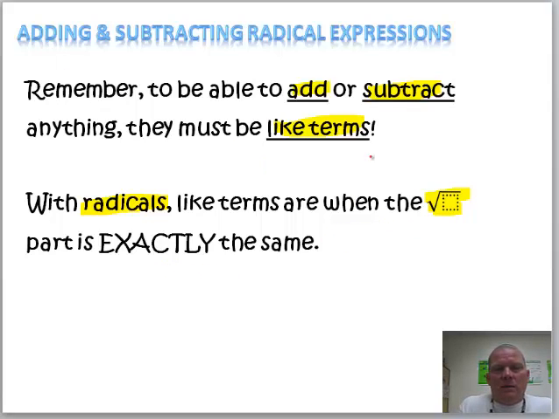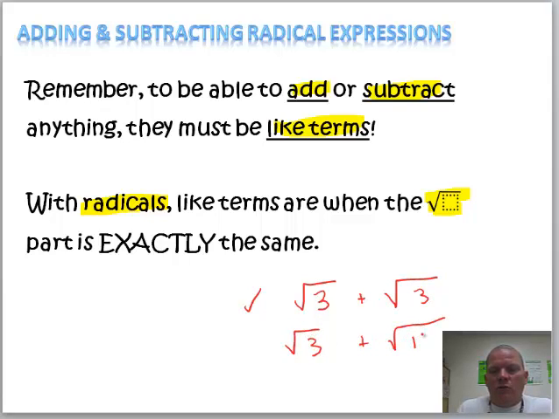So what that means is, if I have the square root, I can only add the square root, and what's inside of it has to be the same. So I can only add the square root of 3 to the square root of 3. If I have the square root of 3 plus the square root of 12, I can't add those together unless I simplify this one, and then I can make it the same thing underneath the radical symbol. Okay? So we're going to use that when we go through and start working these problems.